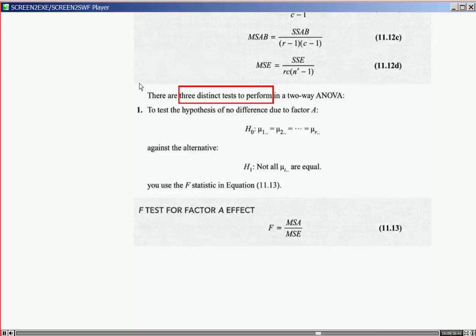Okay, in one-way ANOVA, we needed the Levene test, which was used for variances and was based on the median. We ran the ANOVA itself on means, that's the second test, and there was a post hoc test for differences.